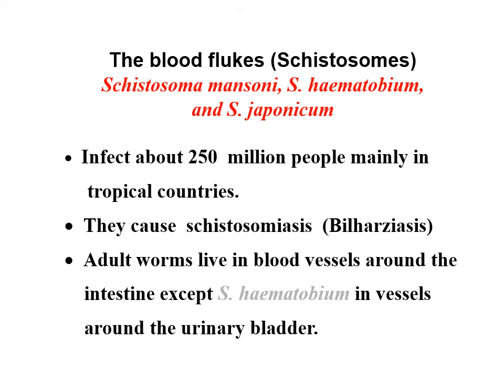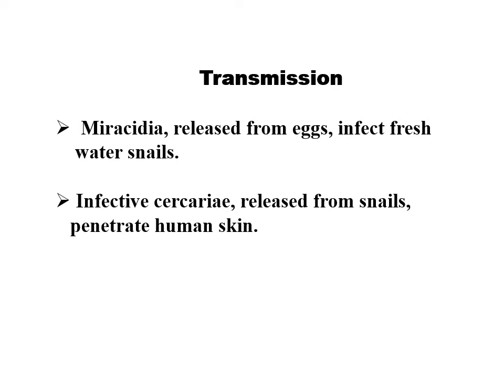The adult worms, as I said, usually live in the blood vessels around the intestine, except in the case of Schistosoma haematobium, which lives in the vessels around the urinary bladder, known as vesical vessels. How is it transmitted? An infected person will pass the eggs either in stool or in urine, in water.